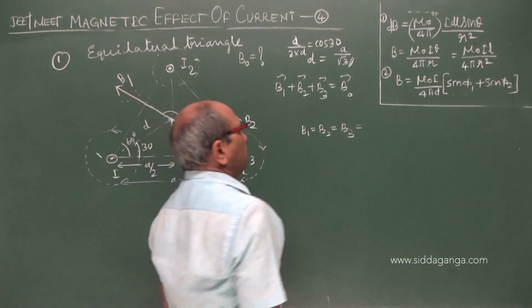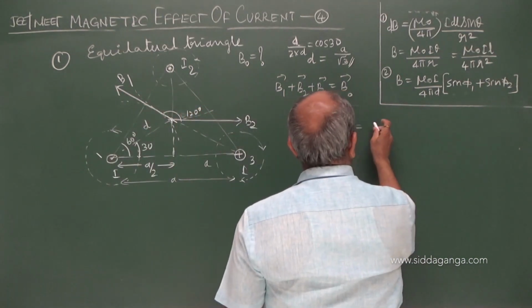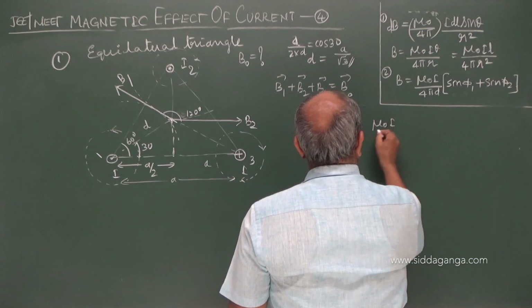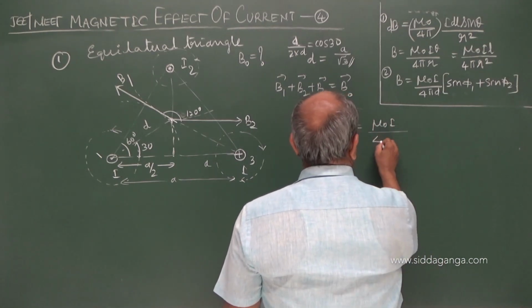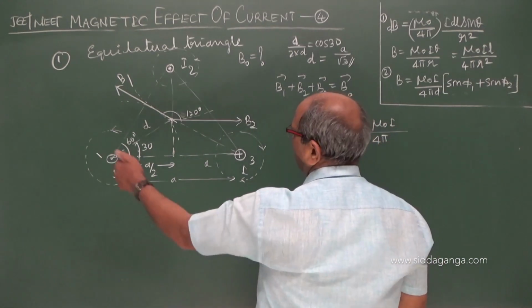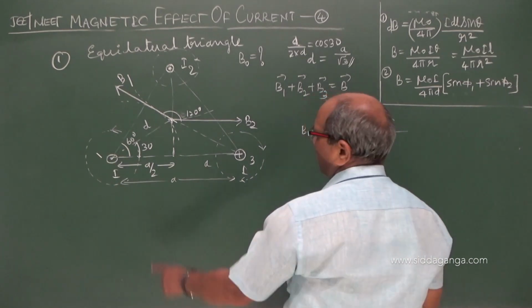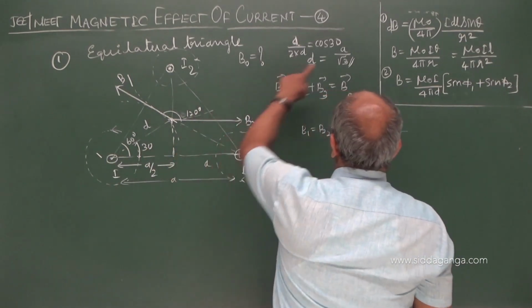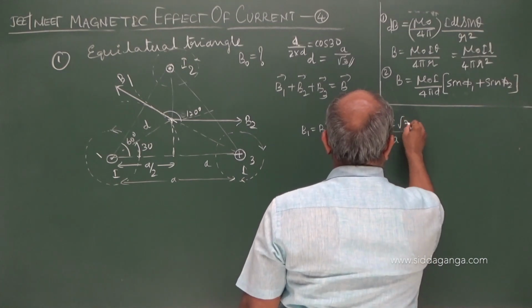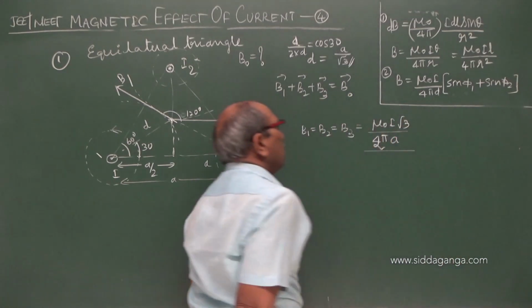So using the relation for an infinitely long wire, mu naught I divided by 2 pi d, instead of d I write a by root 3.